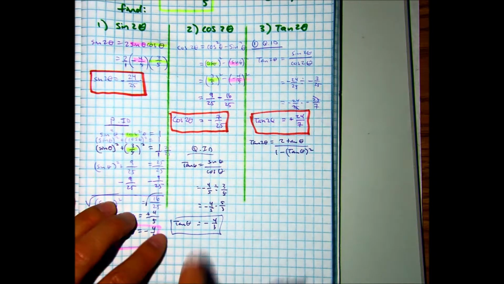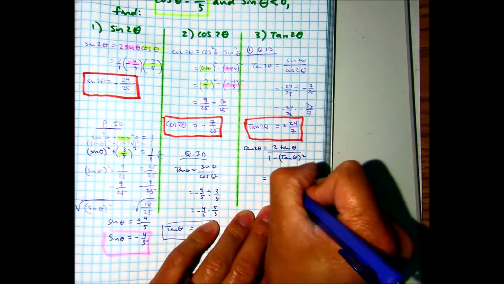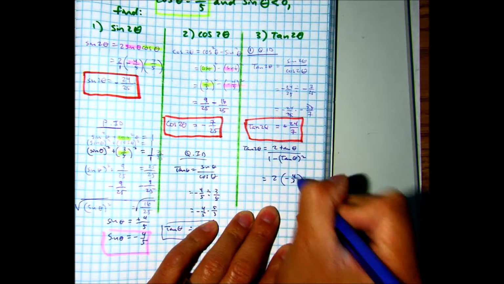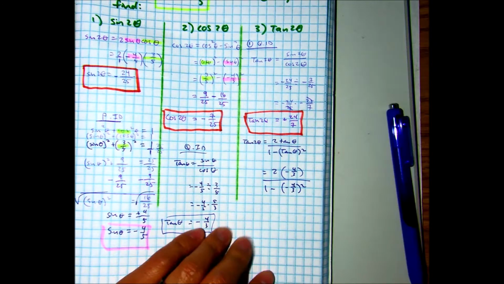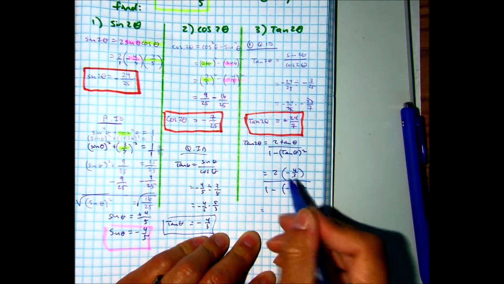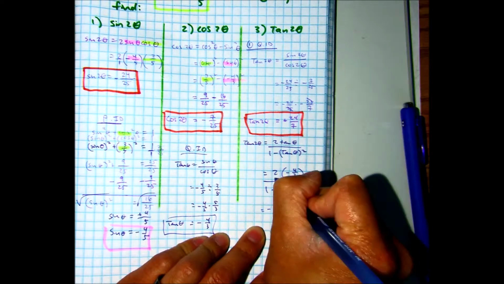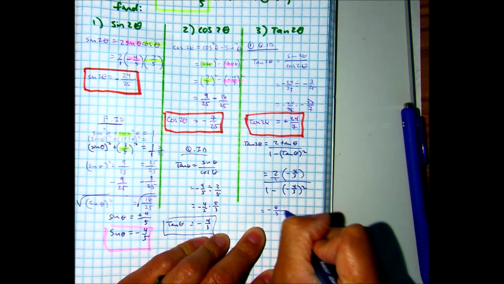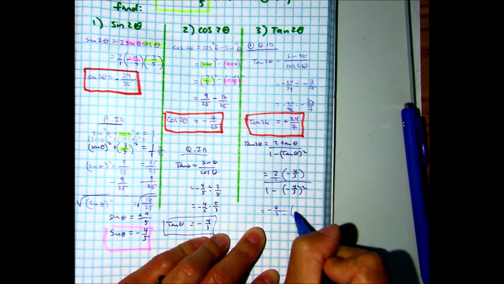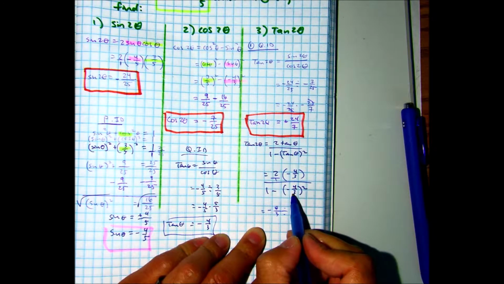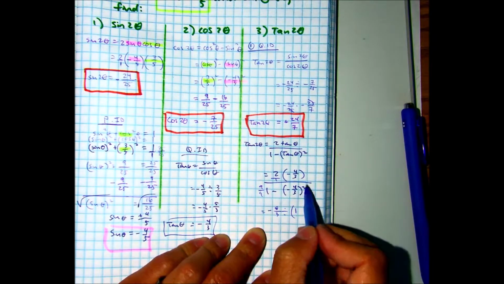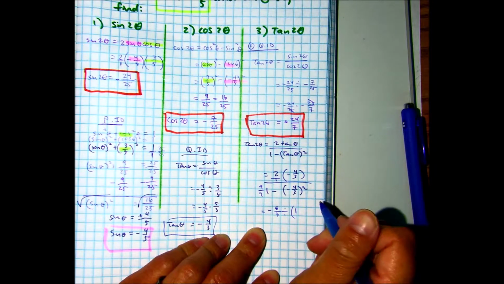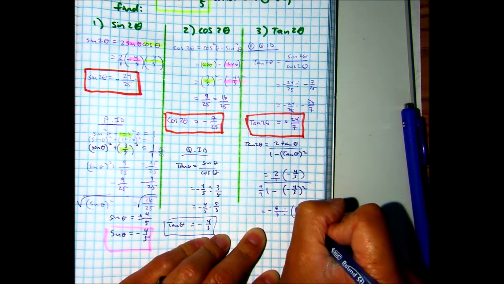Then I use that value and put it in here. And then you just go about simplifying, so that'll become negative 8/3 divided by 1 minus 16 over 9, which is 9 over 9 minus 16 over 9, so negative 7 over 9. Is that right?